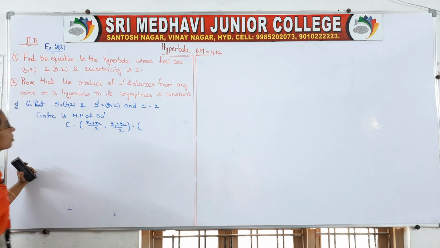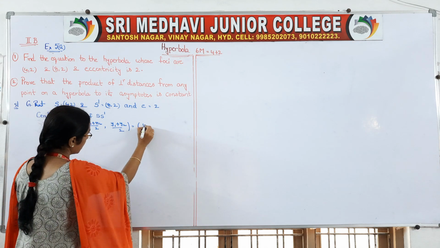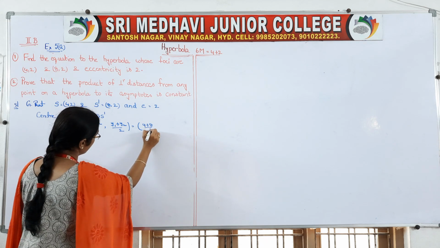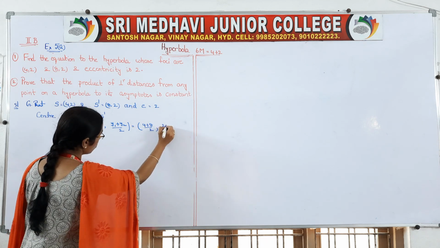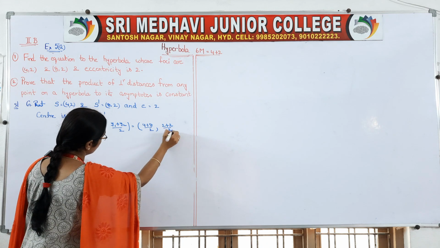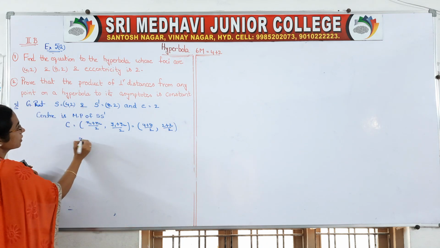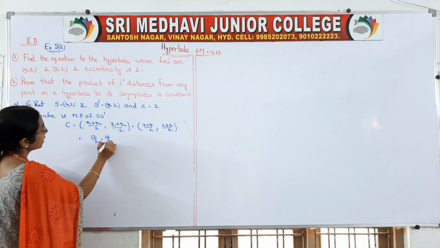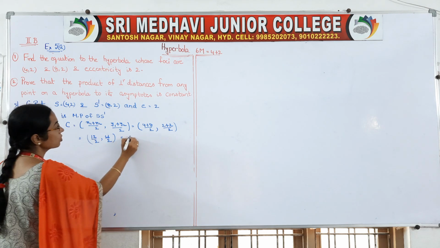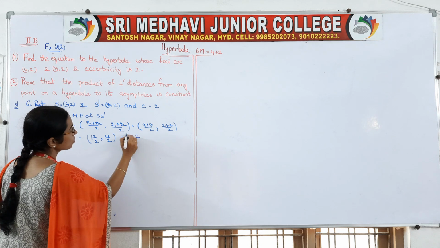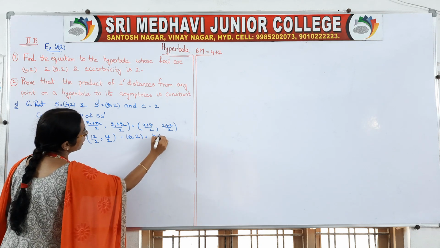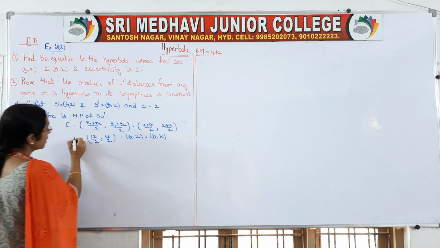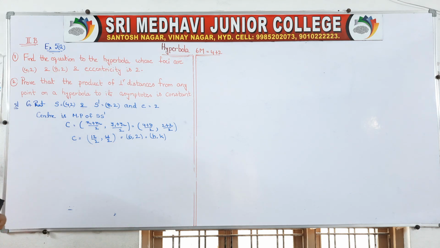So it is (4 plus 8 by 2, 2 plus 2 by 2), which is (12 by 2, 4 by 2). 12 by 2 is 6, 4 by 2 is 2. This is your (h, k).